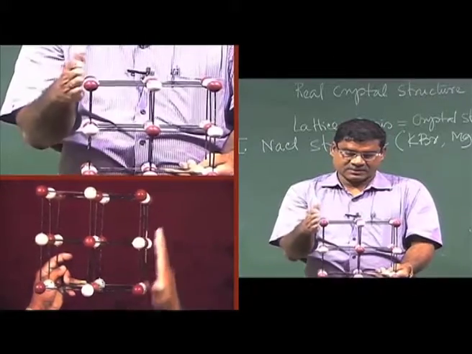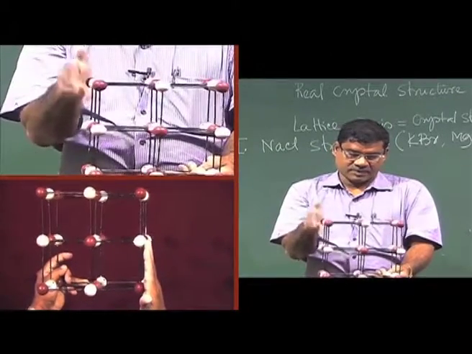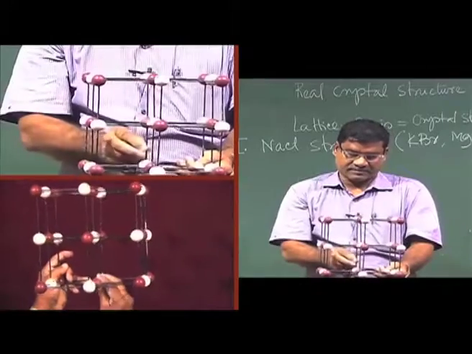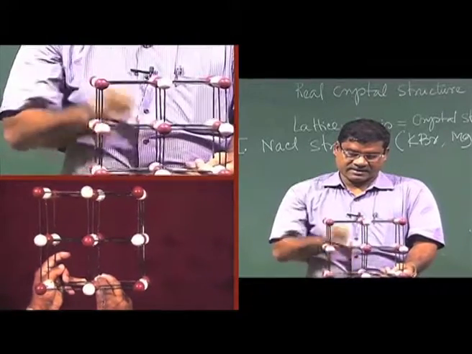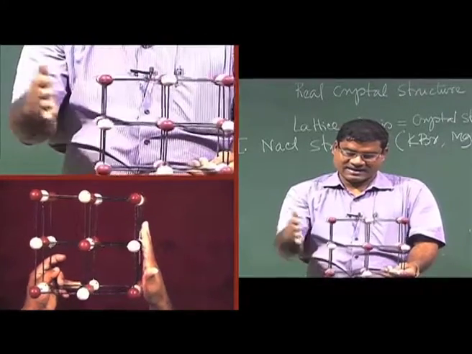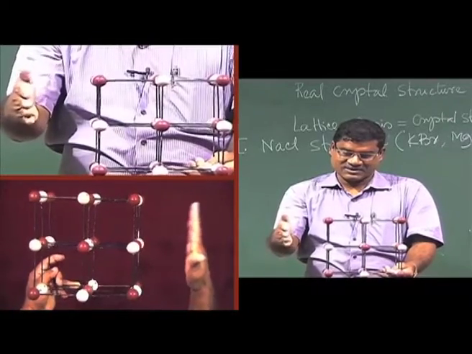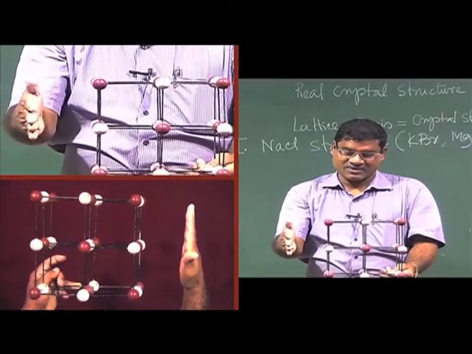Similarly for white: 5 white, then 4 white, then again 5 white.